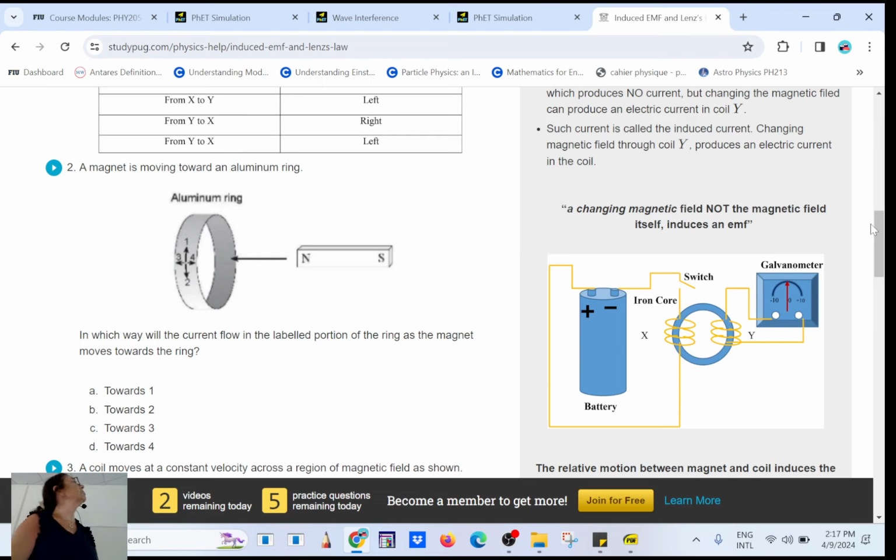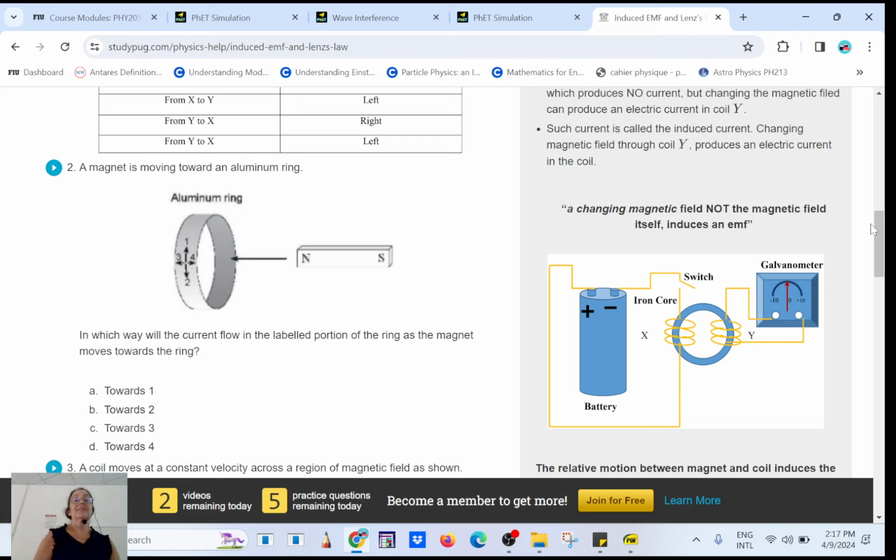Likewise, which way is the current flowing in that case? Is it 1, 3, 4, or 2? Going in, it's 1, very good. Do you all agree?